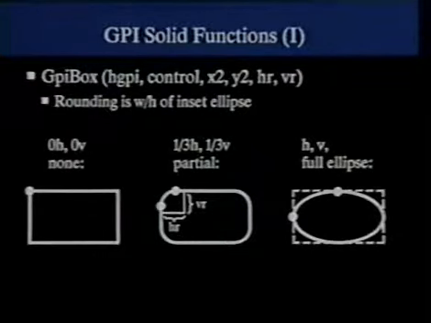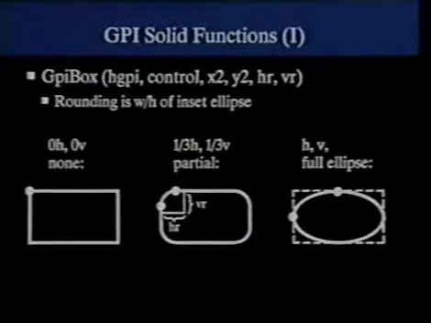These are the horizontal and the vertical rounding parameters, where those specify in world coordinates the partial ellipse, or the full ellipse, that is to be used to round those corners. In the event that HR and VR are both 0, then you get no rounding at all.